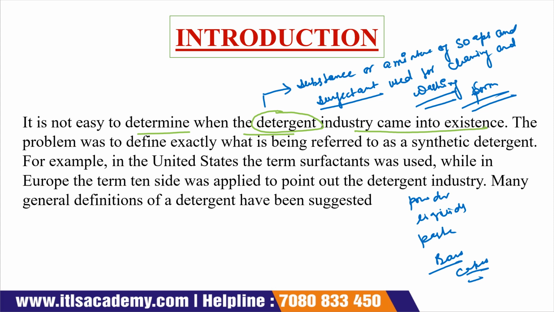It is very difficult to determine in which year and in which time the detergent industry came into existence. The problem was to define exactly what is being referred to as a synthetic detergent. For example, in the United States, the term surfactants was used, while in Europe, the term tenside was applied to point to the detergent industry.